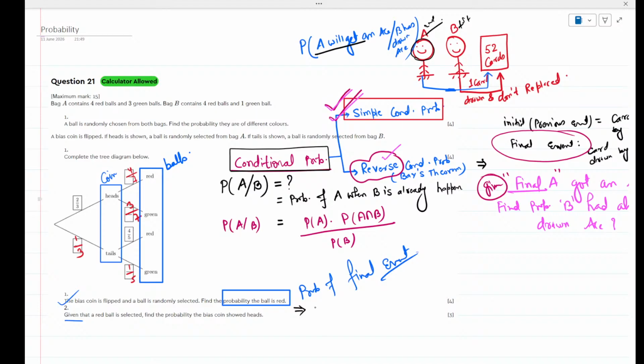Write the data: what is your final event? I should always assume my final event as A, right? Final event is the ball is red, right? What is the previous event?